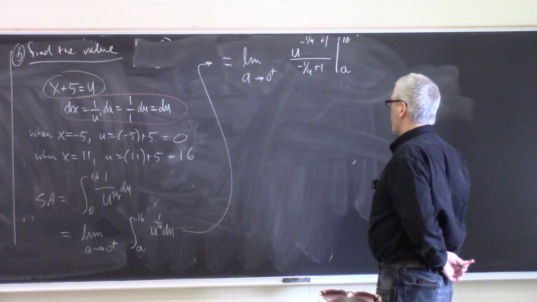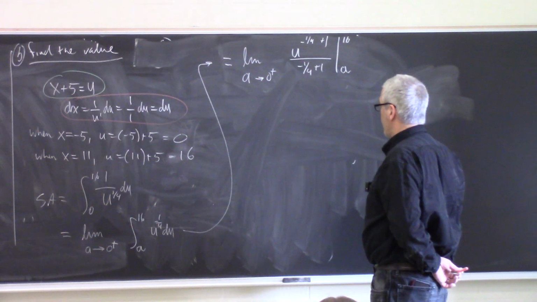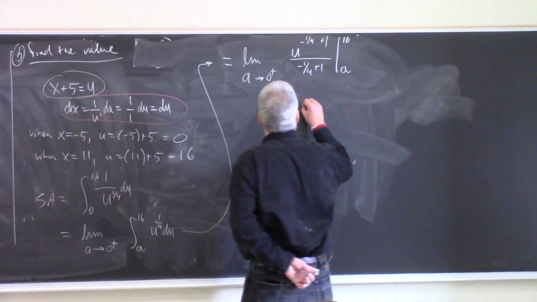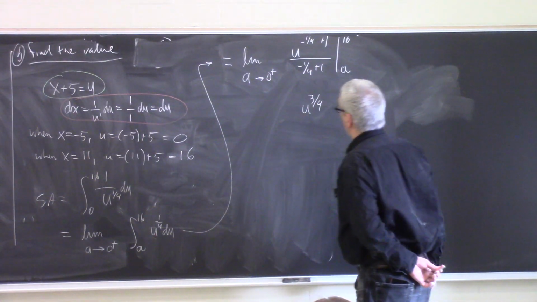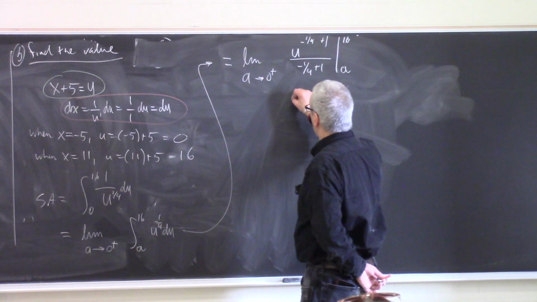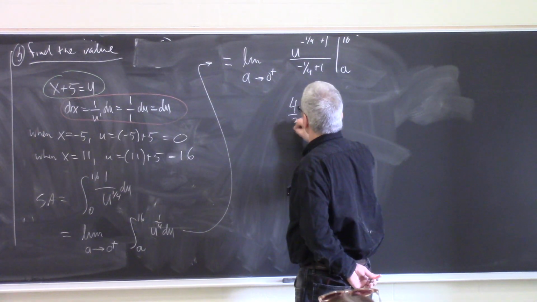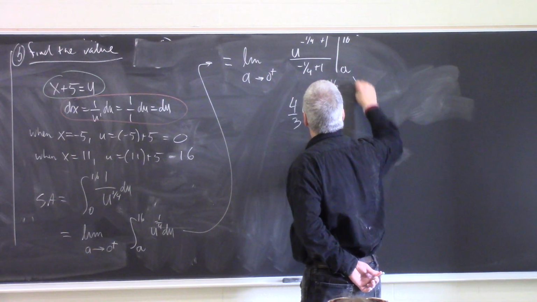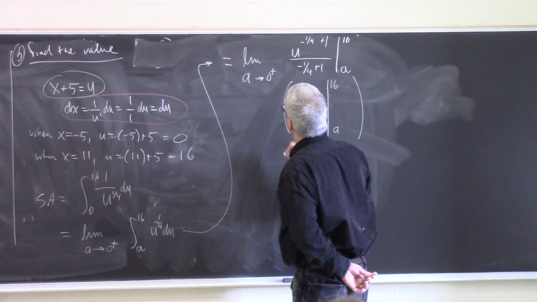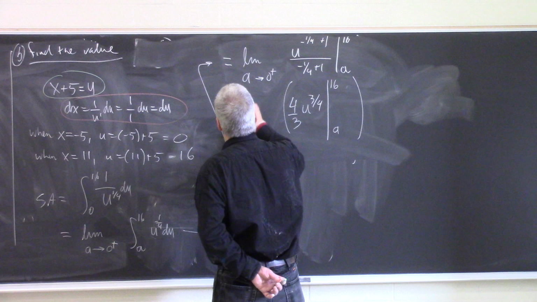So minus 1/4 plus 1 is 3/4. So that's u to the 3/4. And then you divide by 3/4, but that's the same as multiplying by 4/3. And then you evaluate from a to 16, and then you have the limit in front of the whole thing.